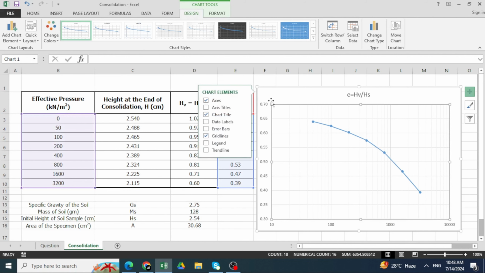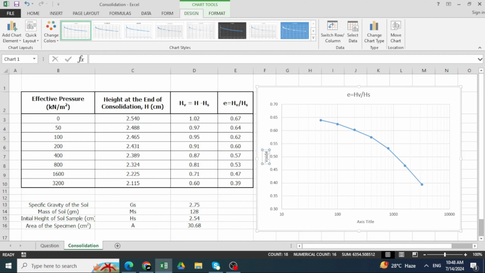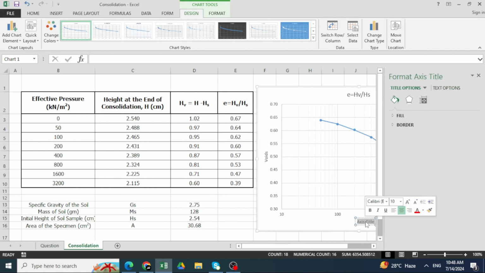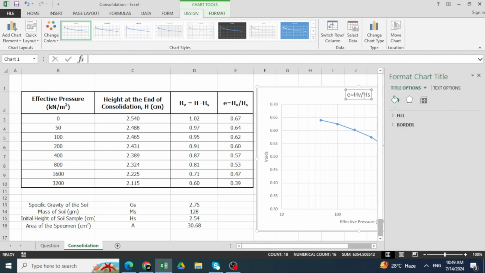Adding a little bit of text, the titles. So this is the void ratio. I'm writing here void ratio, and here I can write the effective pressure in kilonewton per square meter. Now you can see that I have added the titles, and I want to edit this one.